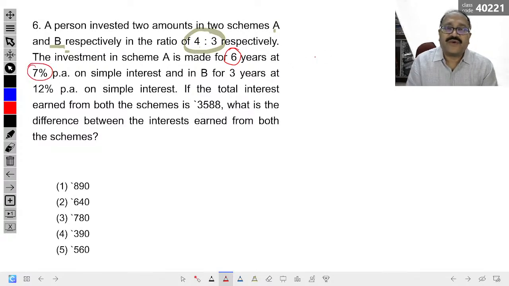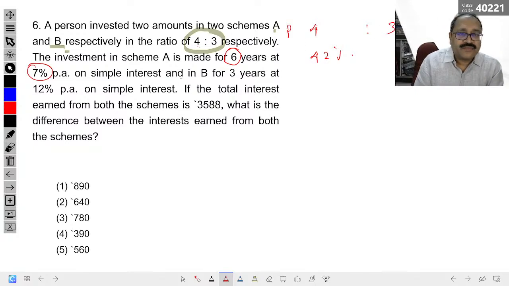So here we get 42%, which we know. Here 4:3 is the principal given. And the next one, on B for 3 years at 12% per annum. 12 into 3 is 36% I am getting from scheme B.